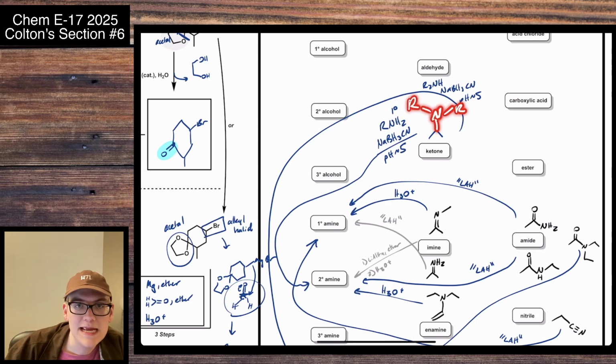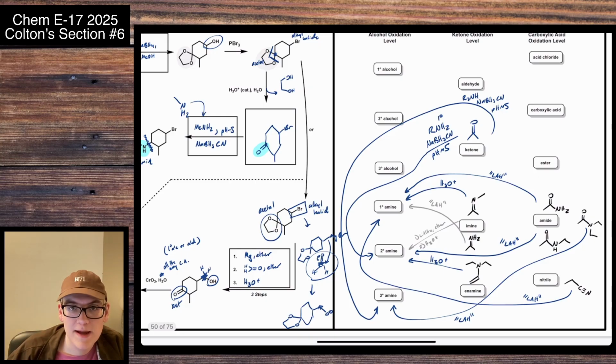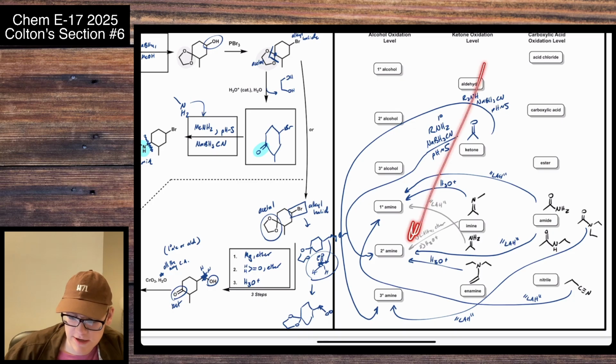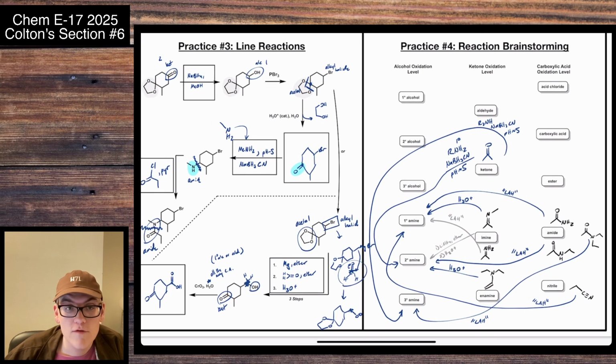It has 3 bonds to carbon. So again, yet more ways of reacting. And we could do the same thing from an aldehyde. From an aldehyde, we are going to be able to go to secondary amine and tertiary amine. We aren't going to be able to form primary amines from it. But woof, already it's a pretty complicated web.